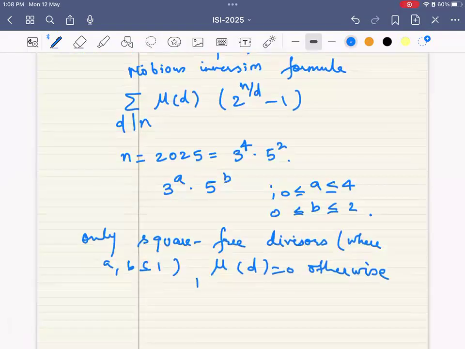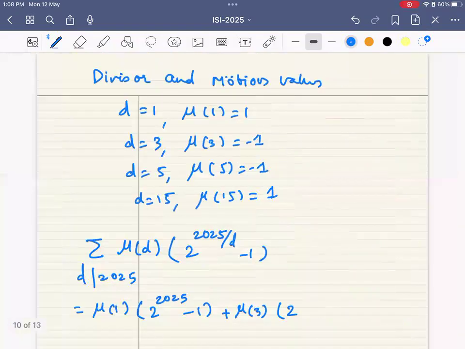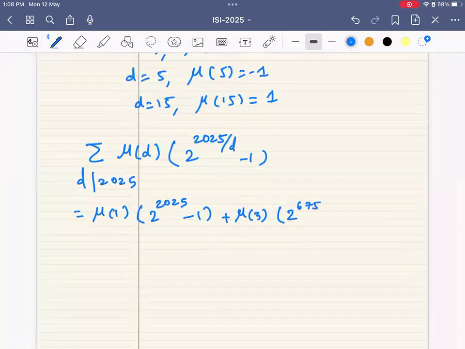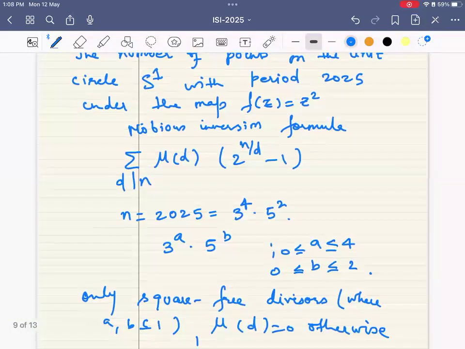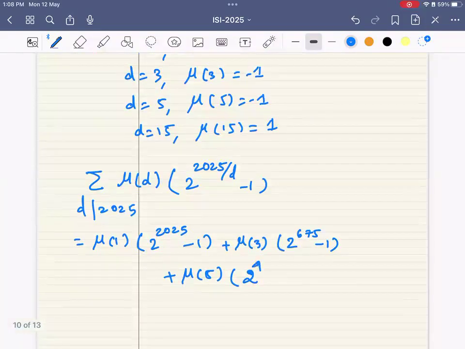This is 5 squared, which is 25, and 25 into 27, because 3 cubed remains, which is 675, plus mu of 5 into 2 to the power 2025 by 5. You divided it by 5, so what happens? 81 into 5 is 405, plus mu of 15, and if we divide further by 3, then it becomes 135.